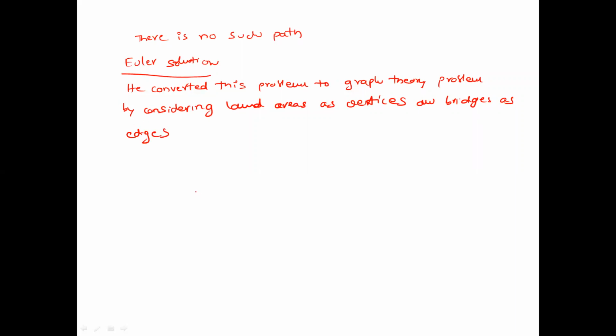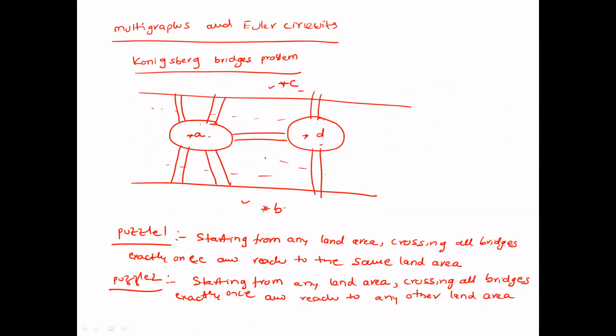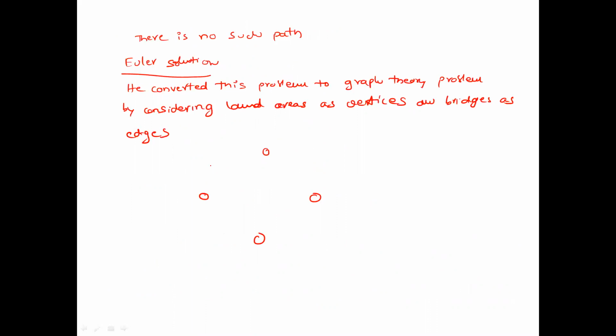So there are two land areas and two banks. Now you refer, there are two bridges from A to C, so bridges he converted as edges.